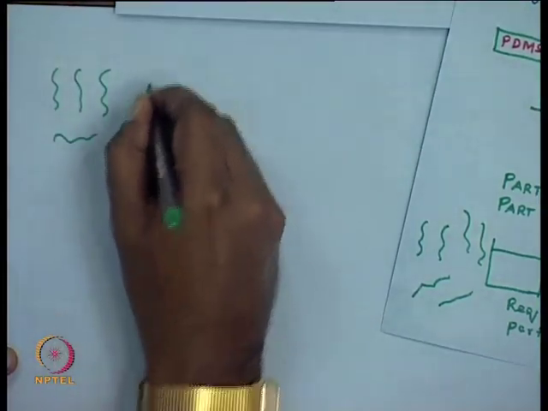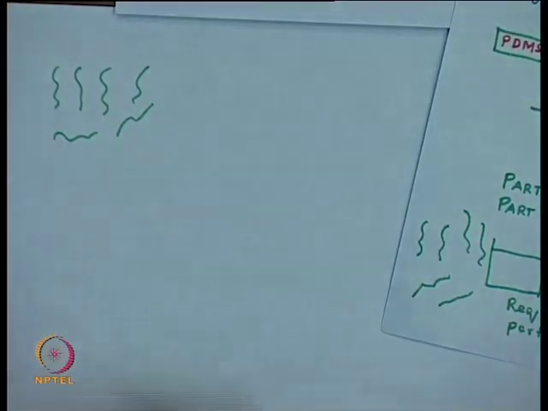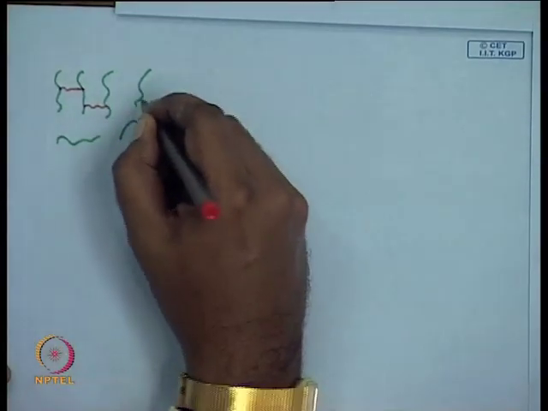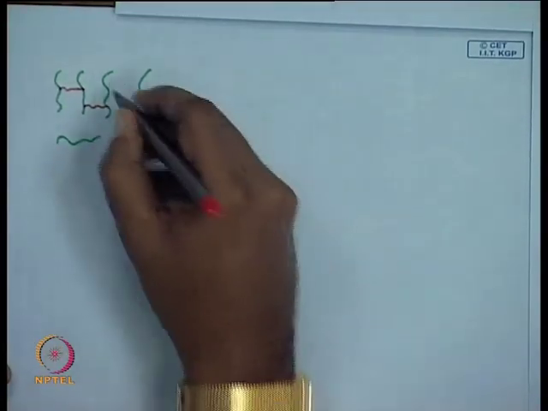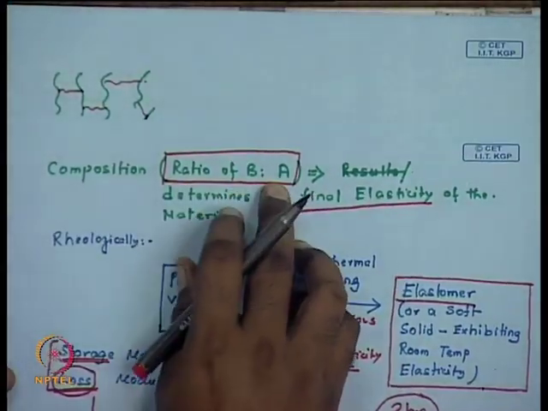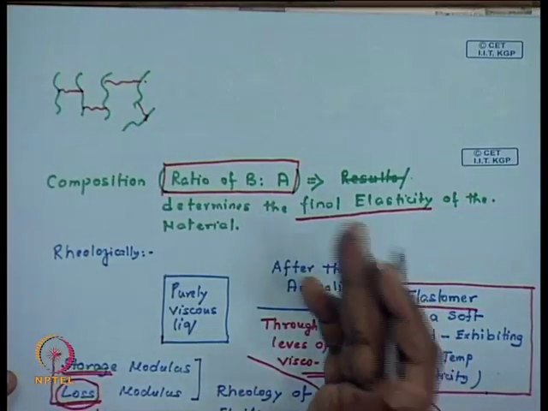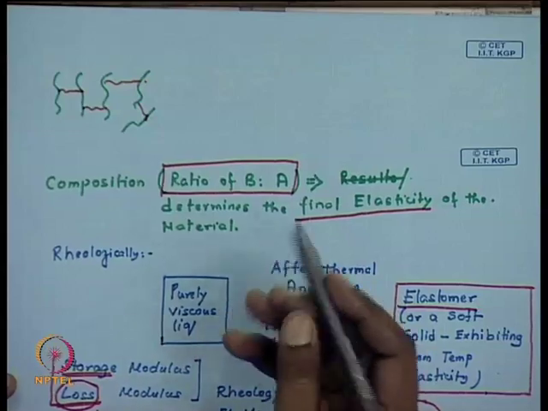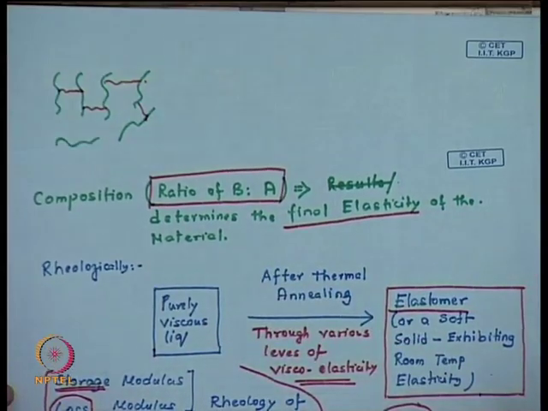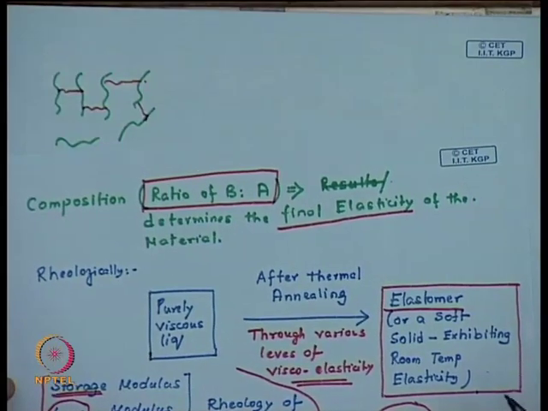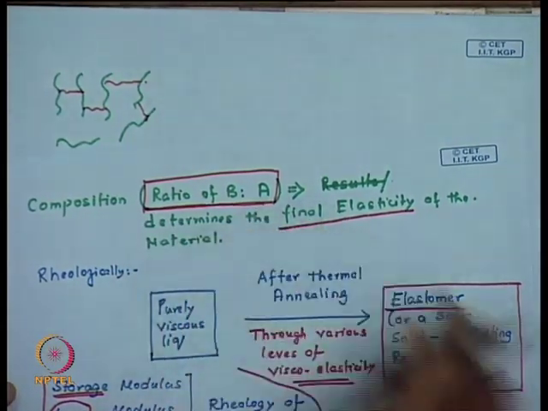If you leave it for a longer period of time after you add the part B, or if you do a thermal annealing, the physical cross links between the molecules grow, and depending on the ratio of B to A you have added, the final level or the final amount of cross links, or if you define it as the number of cross links per unit area or something like that, is determined by this ratio.